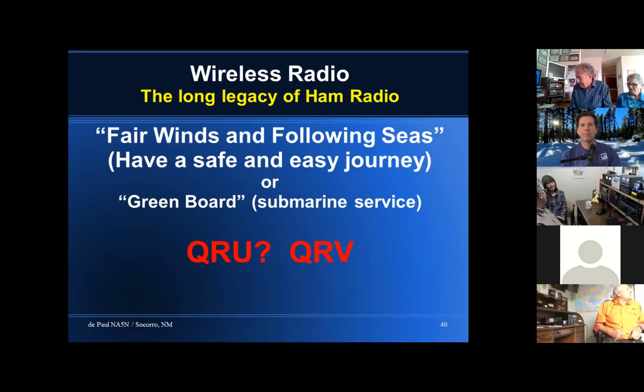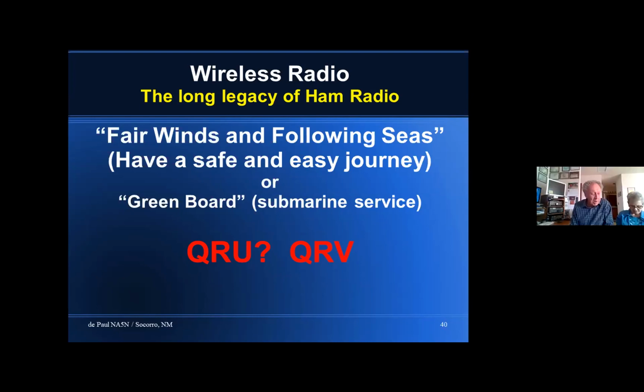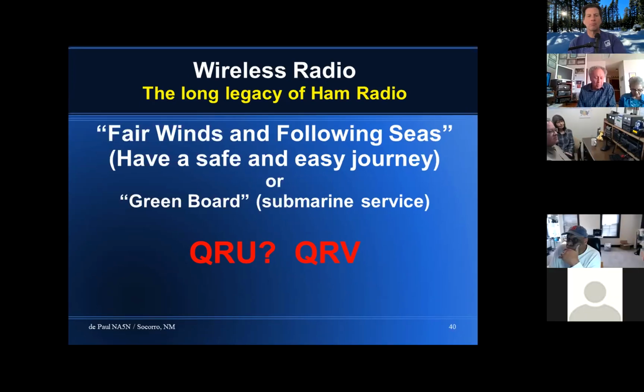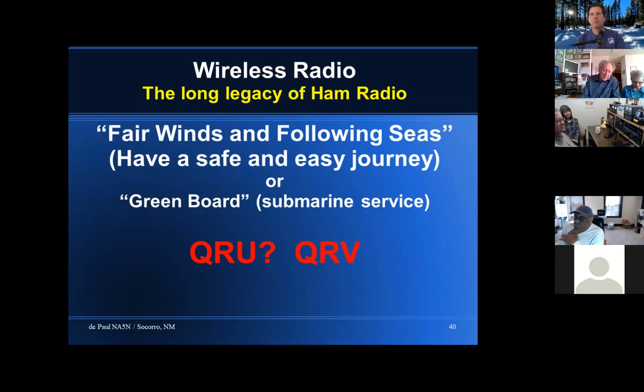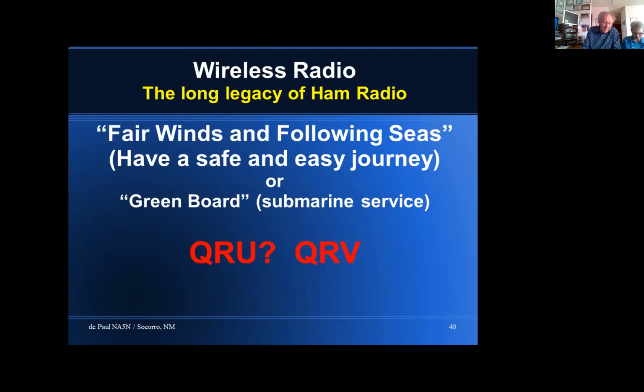And the other thing was, today, if anybody's interested, I know most of you probably know this, some of you won't, 14.3 megahertz, 14,300 if you care, is the Maritime Net. And the Maritime Net today keeps track of all small vessels. A lot of it's in the Pacific.